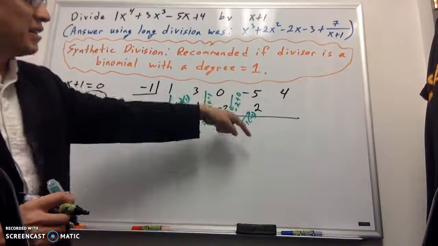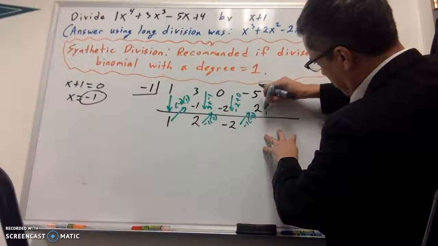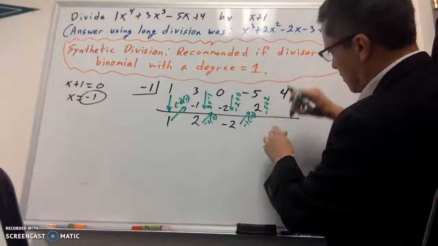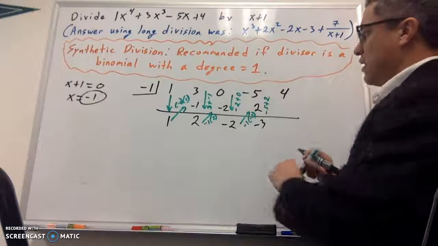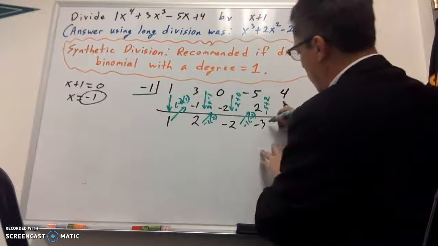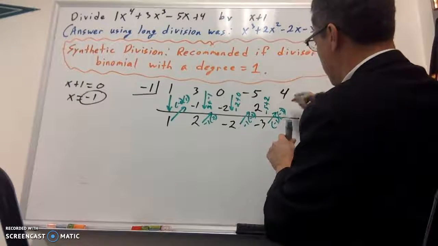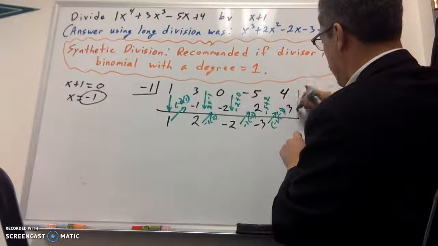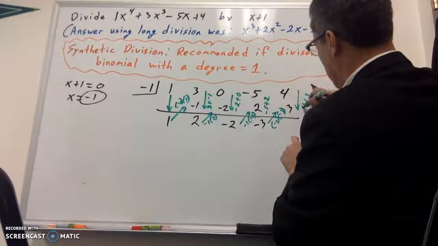And now I'm going to add down the vertical, so negative 5 plus 2 is a negative 3. And then negative 3 times a negative 1, we'll multiply those guys together, is a positive 3. And then finally, 4 plus 3 is 7.